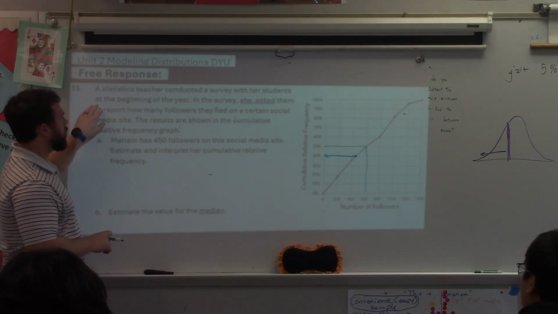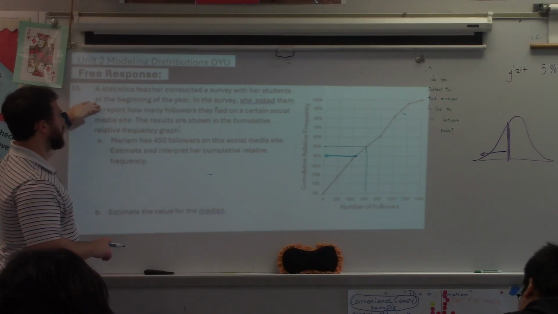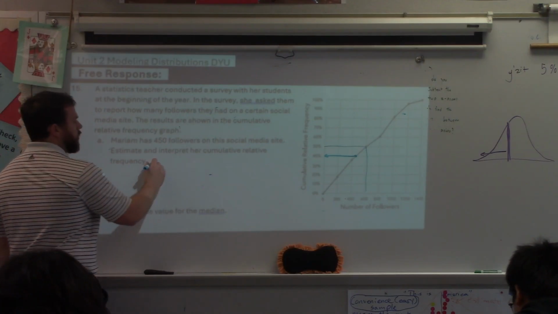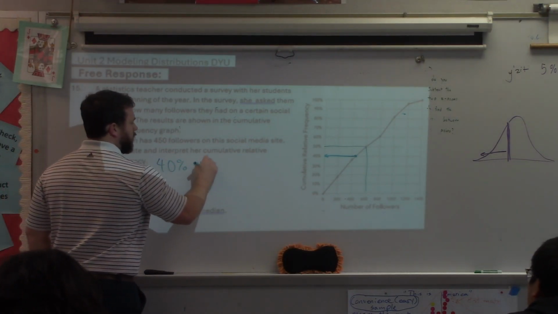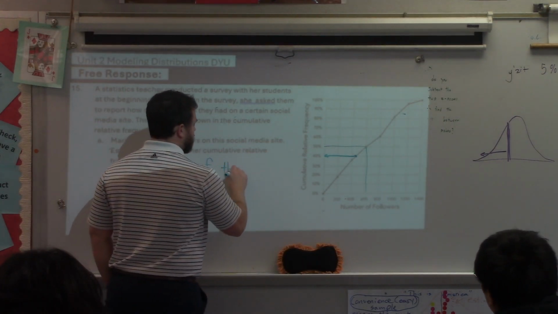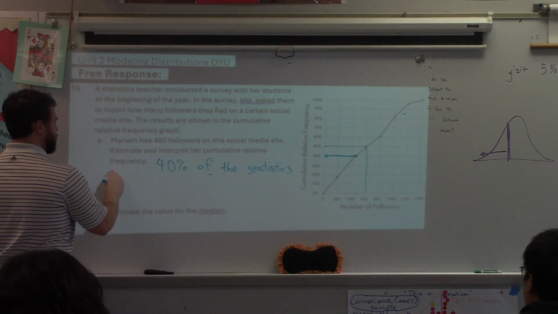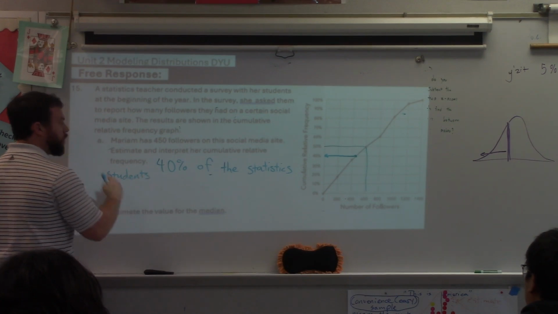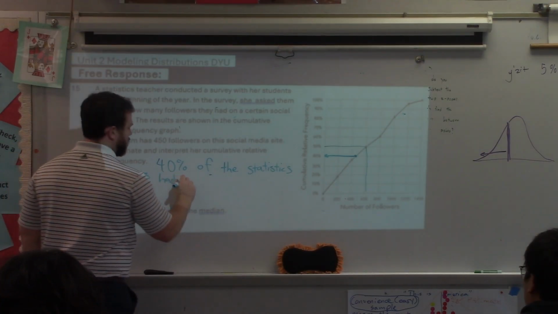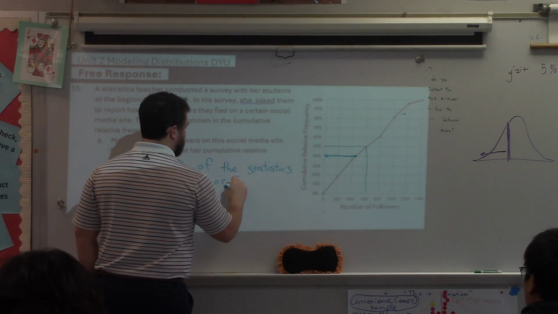The statistics teacher conducted a survey with her students at the beginning of the year. In the survey, she asked them to report how many followers they had on a certain social media site. So, 40% of who? Students. Of the statistics students. That's the 40%. 40% of the statistics students had 450 or fewer followers.